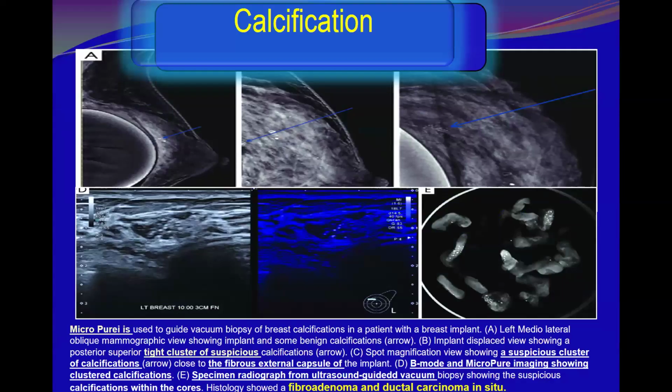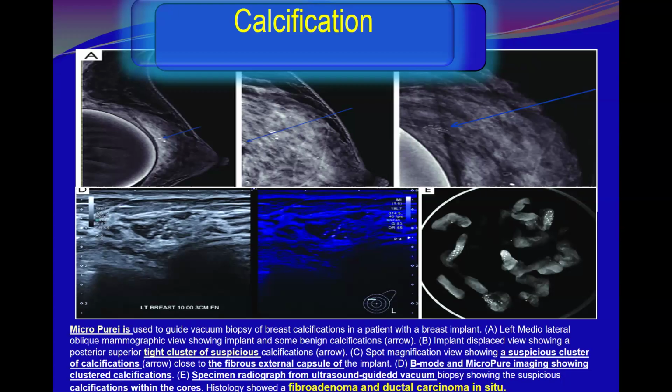This is from the literature. We have a group of punctate fine microcalcification here, tightly grouped microcalcifications. Again, can you see it on ultrasound? Well appreciable. This is a B mode ultrasound, and this is what is called MicroPure ultrasound. This is a calcification enhancing technique.